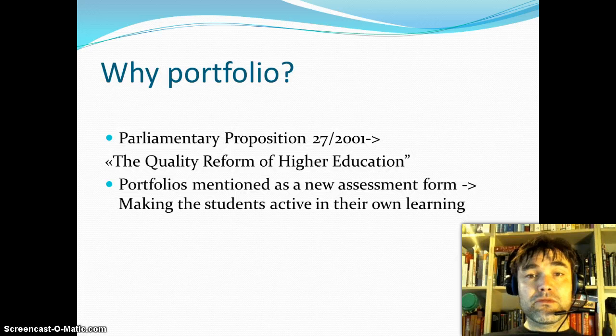And there, portfolios were mentioned as a new assessment form, where the main goal is to make students active in their own learning, where you can measure higher order skills, the type of skills you want to measure for and to grow in the 21st century, where the everyday life of a student after graduating is quite different from, let's say, 100 years ago, but the critique goes that the schooling system is still aligned to produce students for the working life 100 years ago.